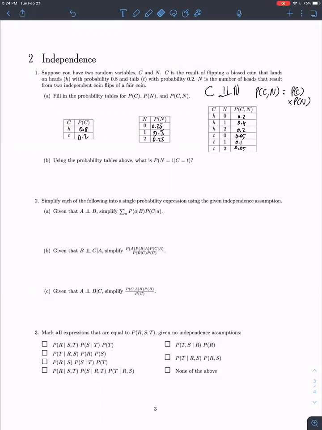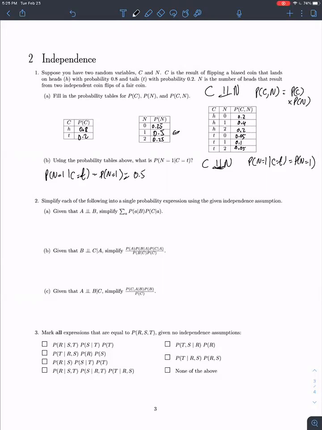It doesn't matter that the biased coin landed tails because C is independent of N. What that also means is that the probability of N equals 1 given C equals T is just the probability that N equals 1. C doesn't tell you anything about N. So the probability of N equals 1 given C equals T is the probability of N equals 1, and that is 0.5.